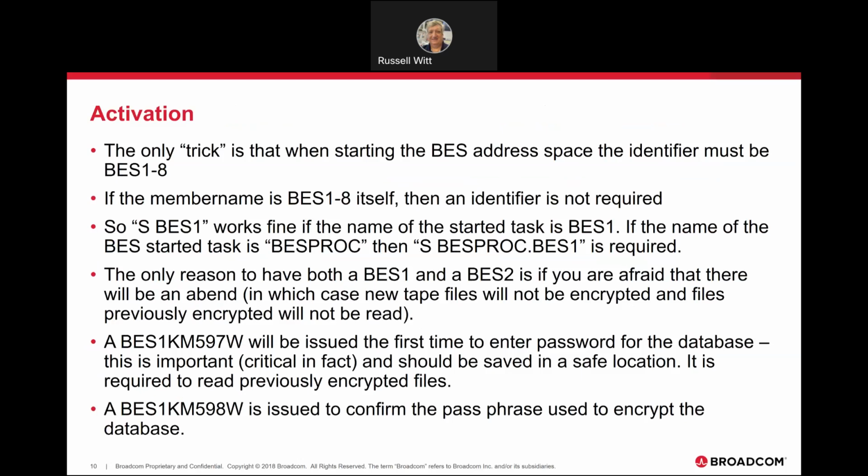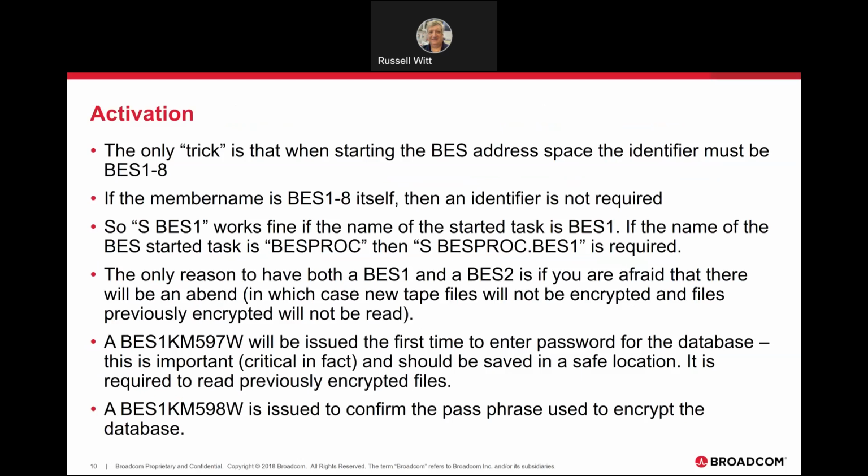But if the name of the started task is something called BES proc, then the start command would say S space BES proc dot BES 1. So that BES 1 becomes the identifier.